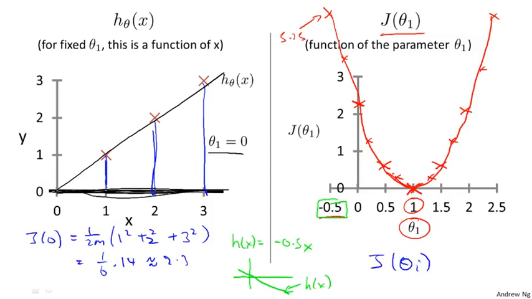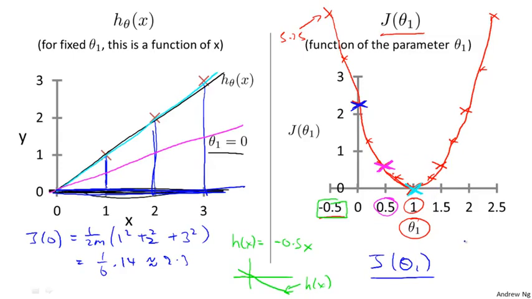For example, theta 1 equals 1 corresponded to this straight line fit through the data, whereas theta 1 equals 0.5, this point, shown in magenta, corresponded to maybe that line, and theta 1 equals 0, which I'm going to show in blue, corresponds to this horizontal line, right? So for each value of theta 1, we wound up with a different value of j of theta 1, and we could then use this to trace out this plot on the right.